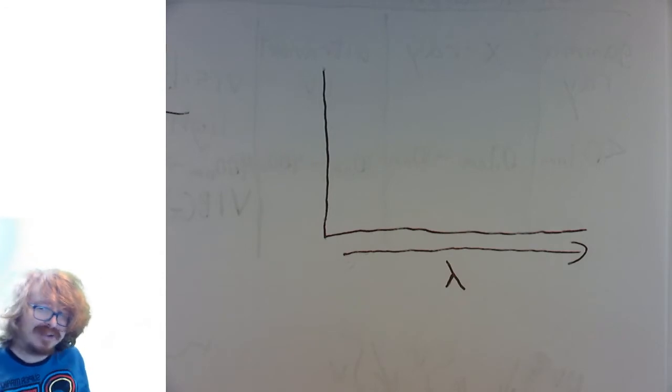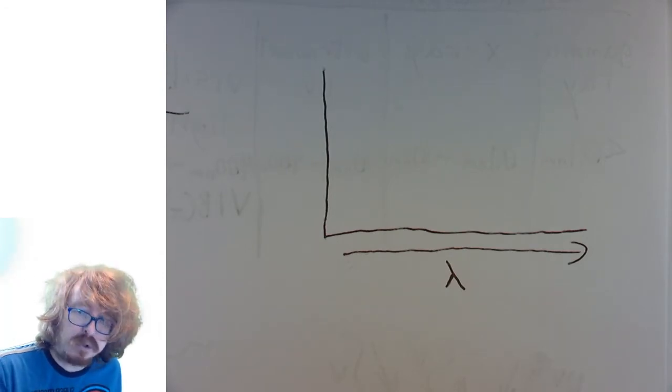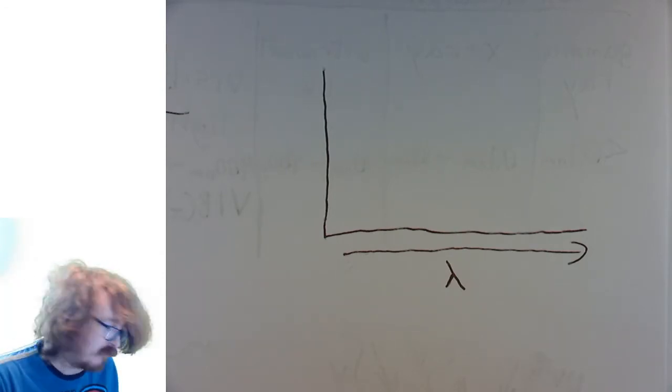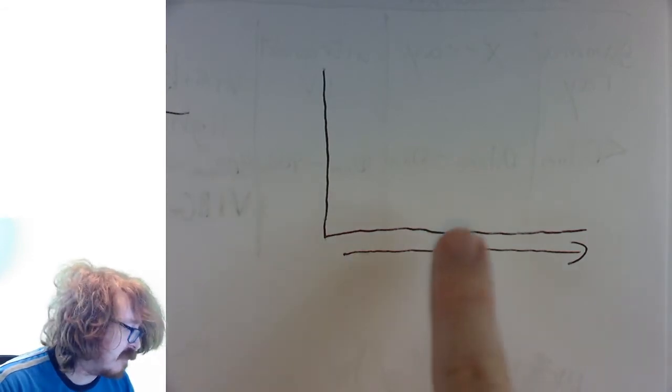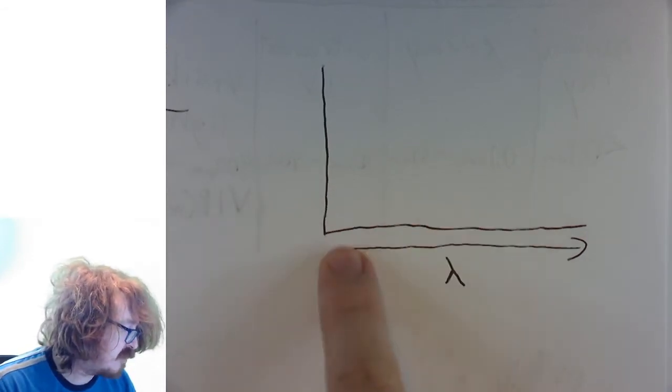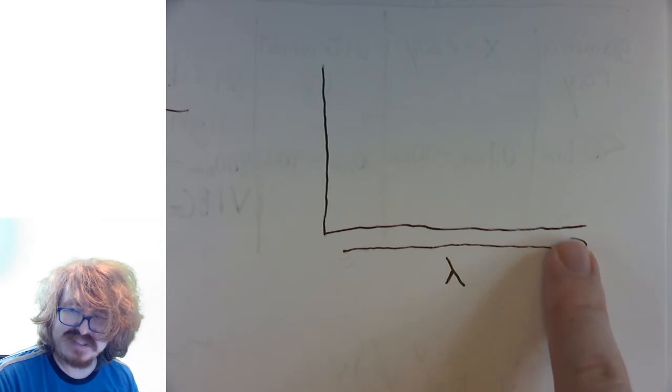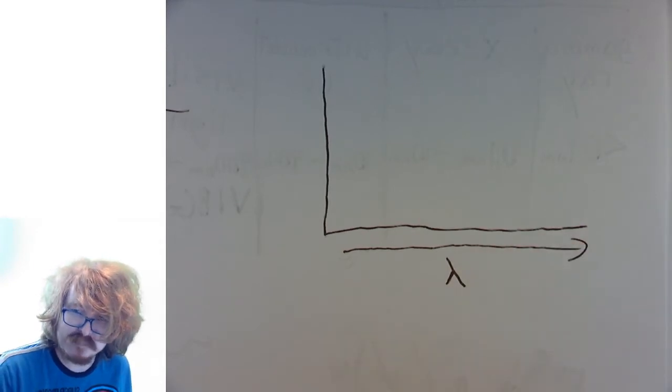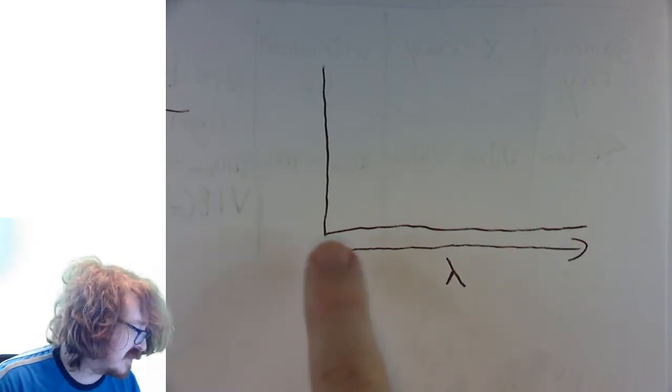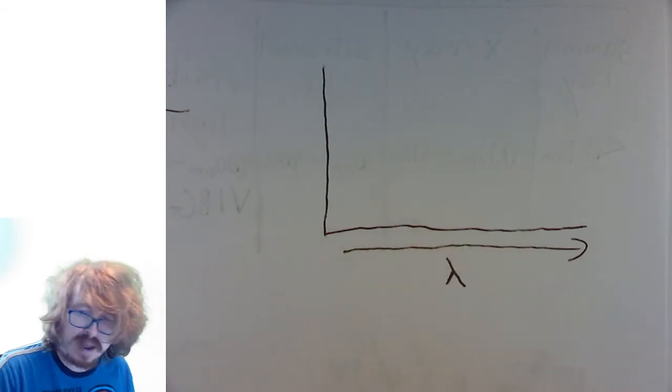So here's my question. Where would radio light be on this graph? Would radio light be in the middle, on the left, or on the right? Those are your choices. And remember, wavelength is increasing as you go to the right.